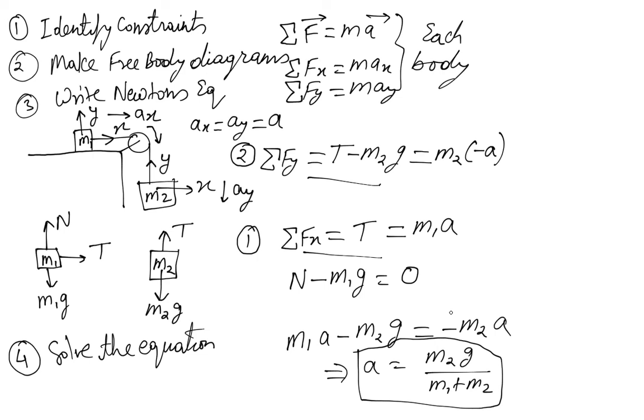So this is the answer: this body is moving down with an acceleration a, and this one is moving forward with an acceleration a. In the next lecture we'll take a slightly more difficult problem so that things become more clear.